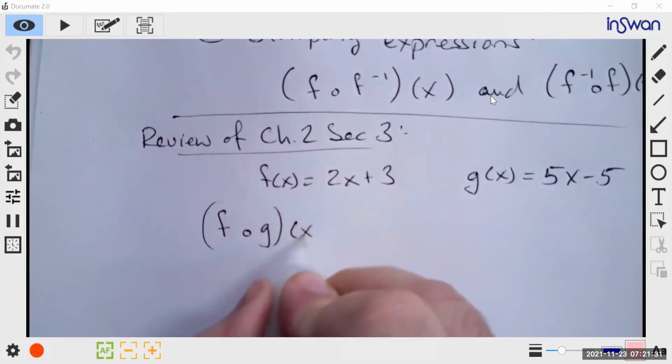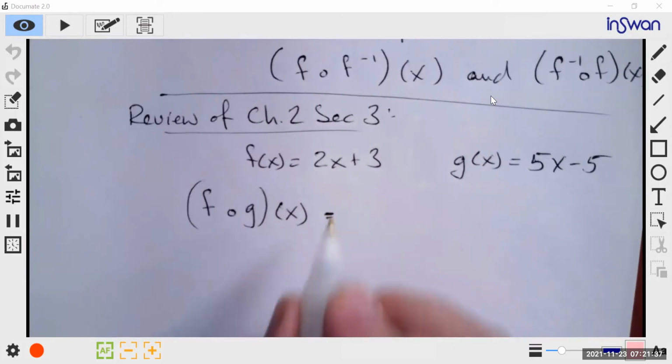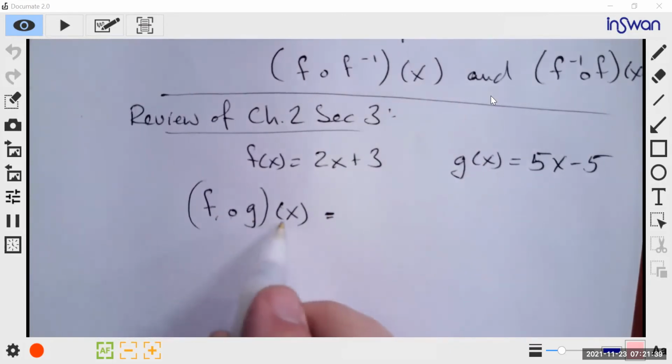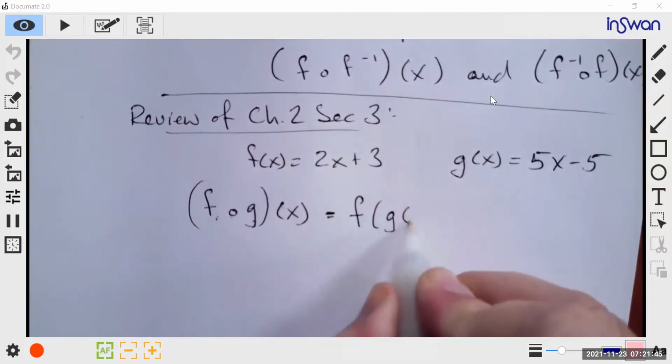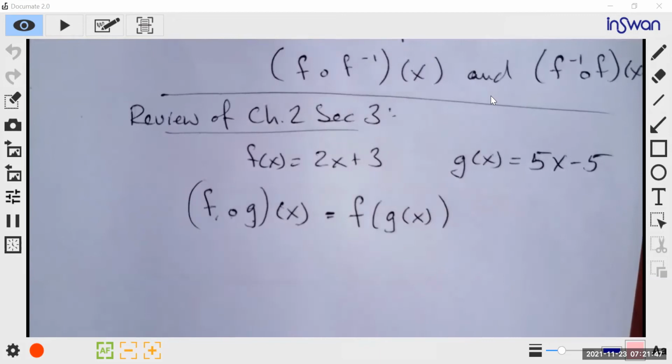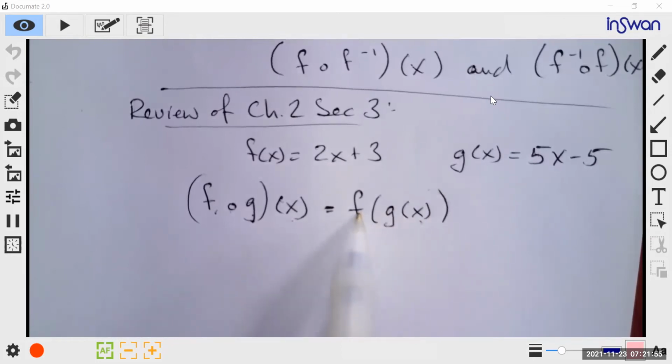Remember the old Fog-Gof discussion? If I had f of g, this is read f of g of x. So it's g of x on the inside. That is in place of x of the f function.